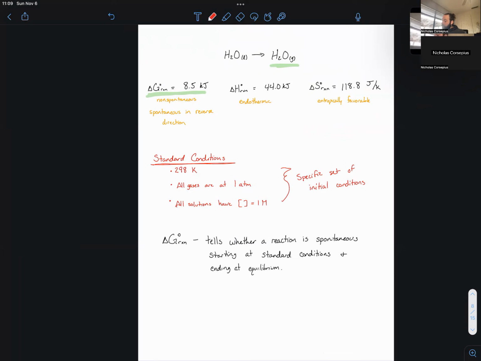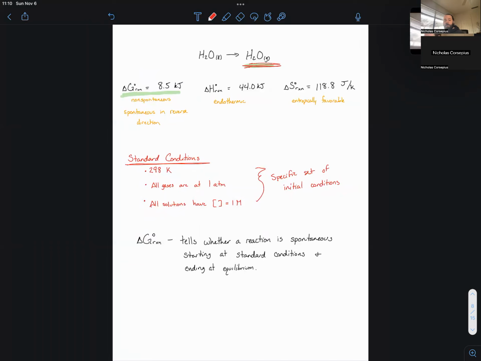Right? If the pressure of this gas was that high, then yes, all of a sudden at 25 degrees, it's going to spontaneously condense, go the other direction. But in our real world, in this room right now, that is nowhere near the pressure of water. And so that's why I would see spontaneous evaporation. Okay, so now we're going to have to talk about predicting whether or not a reaction occurs at non-standard conditions.